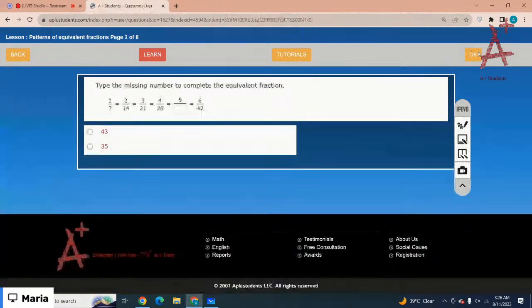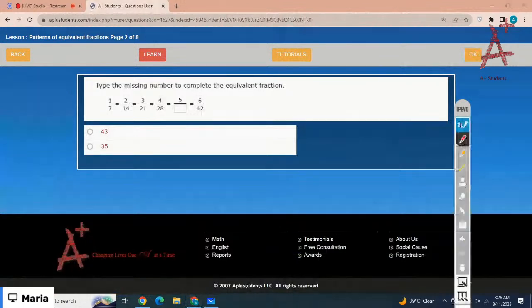Okay, type the missing number to complete the equivalent fraction. So which is the correct option? Here you have the first one is 1 over 7, right? Just look at the missing one.